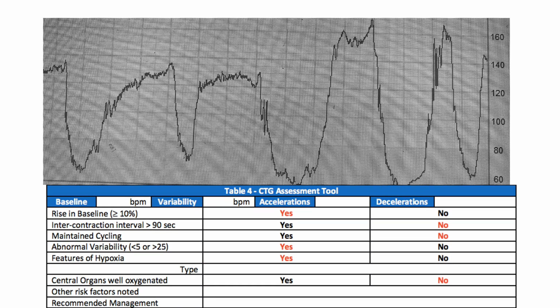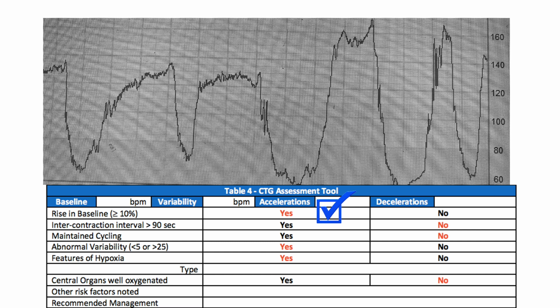So if you go back to our physiological guidelines, let's look at the baseline heart rate. This fetus is telling us that there has been a catecholamine response to obtain more oxygenated blood from the placenta and to redistribute it to the vital organs.